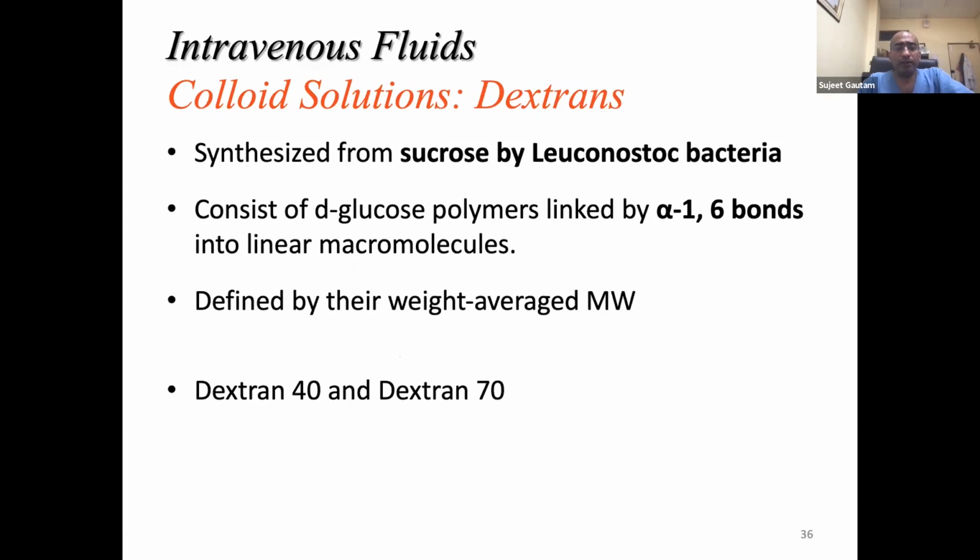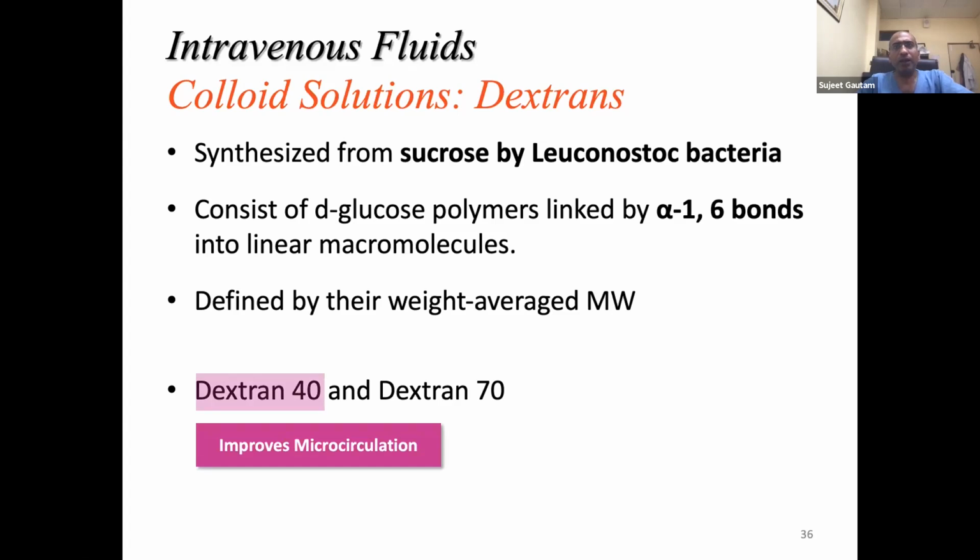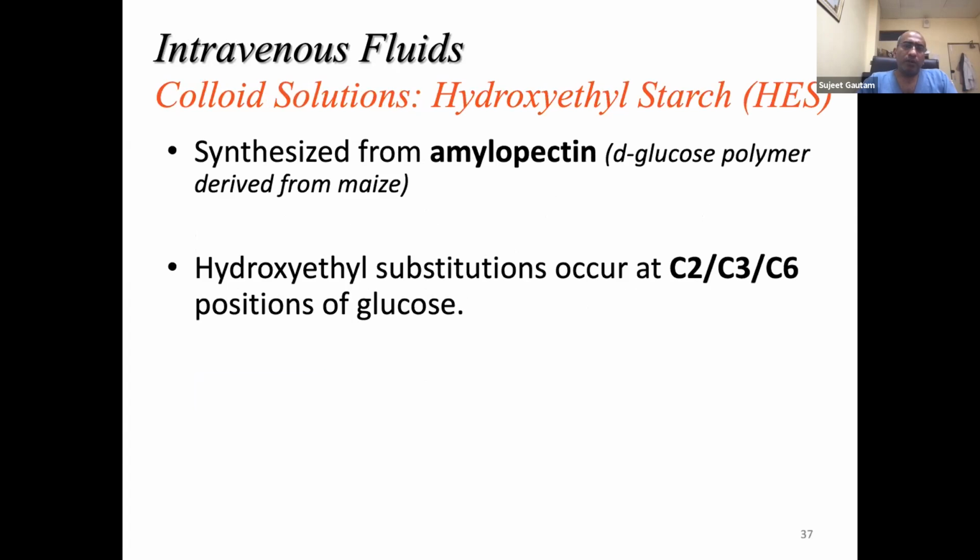And there are two variants which are commonly available: dextran 40 and dextran 70. Dextran 40 improves microcirculation, and this improvement is because of increase in plasma volume. So it prevents sludging of the RBCs and the platelets.